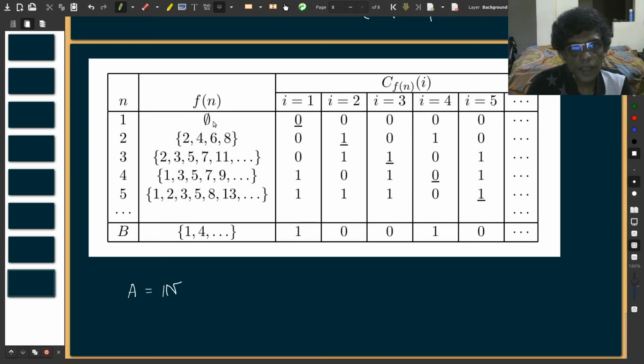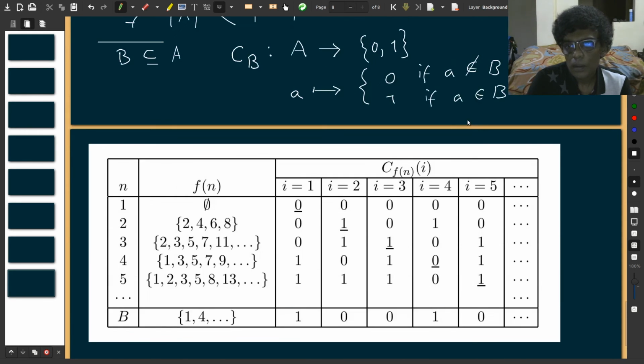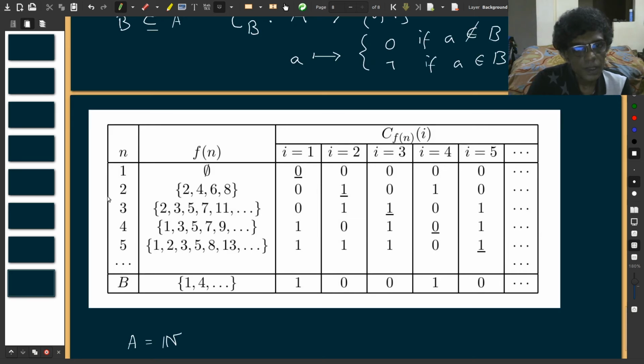Let's say f of 1 is the empty set, so it contains no element, so this is 0, 0, 0, 0, 0. And maybe f of 2 is just this finite set 2, 4, 6, 8.